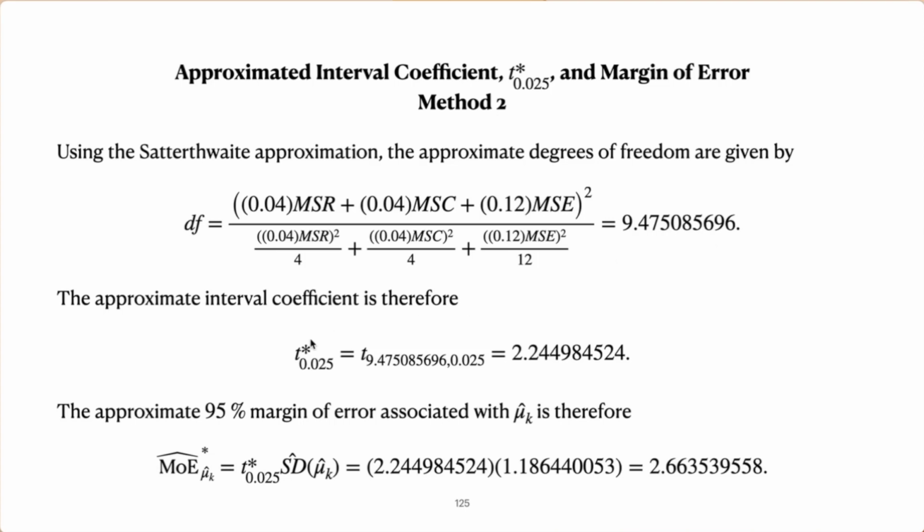And so the approximate interval coefficient, the upper 2.5 percentage point for this distribution with this many degrees of freedom, is 2.244984524. And so then we take that approximate interval coefficient, multiply it against the estimated standard deviation of the mu hat sub k's, and we get the approximate 95% margin of error associated with the mu hat sub k's, equal to 2.6635395558.